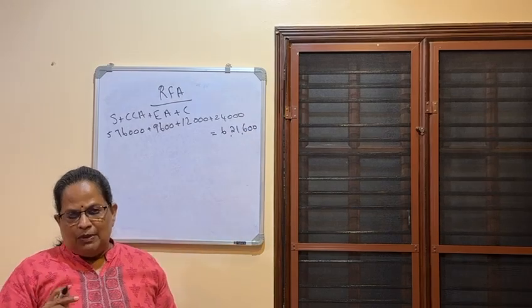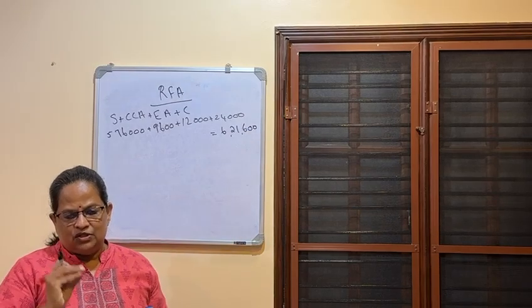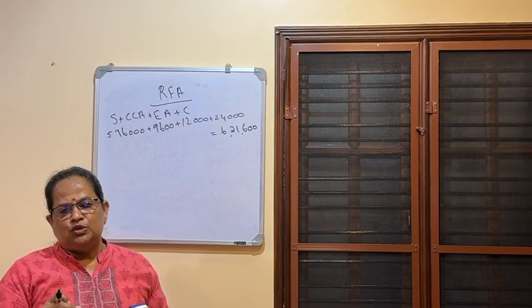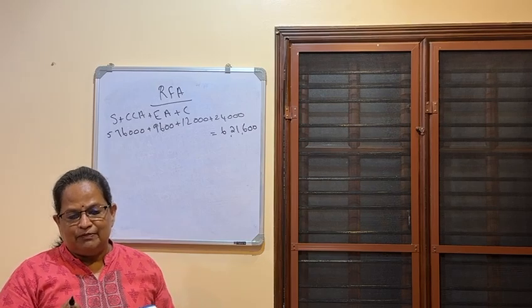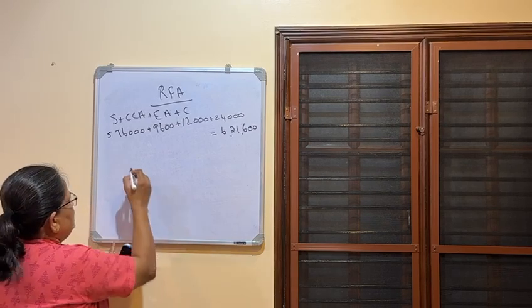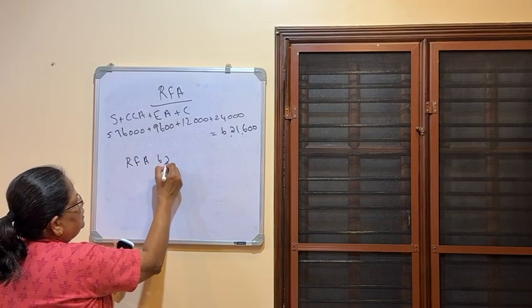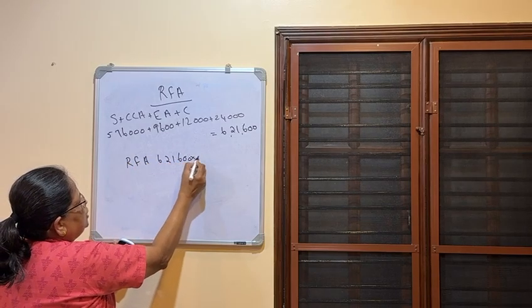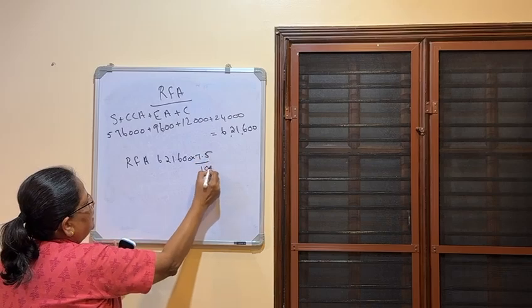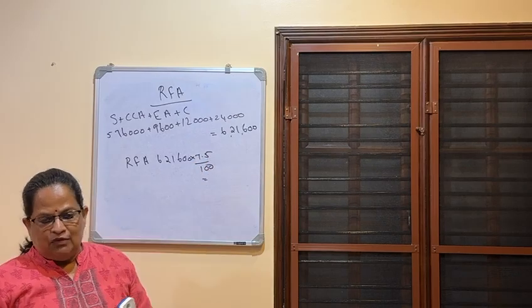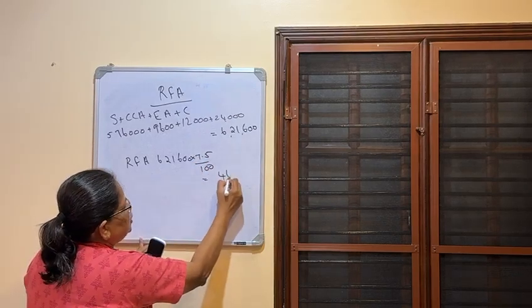Now population of the city is 35 lakhs. So as per the new scheme, RFA value is 7.5%. So RFA value is 7.5% of 6,21,600, that is 6,21,600 into 7.5 divided by 100. Value is 46,620.